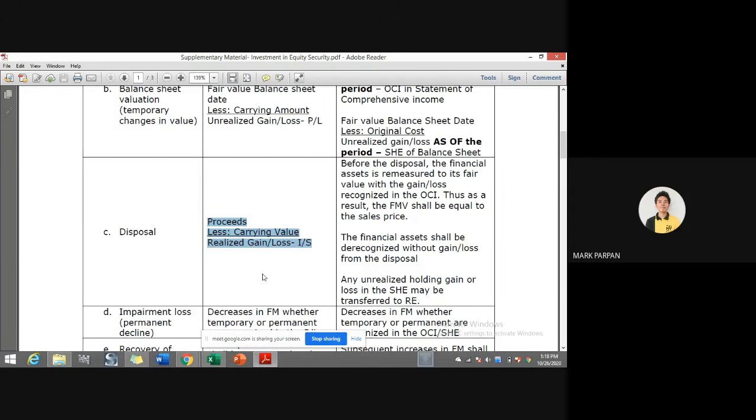You just do it in the exam, it's easy. But for OCI, you need to remember: remeasure, then sell. Okay, so let's try.